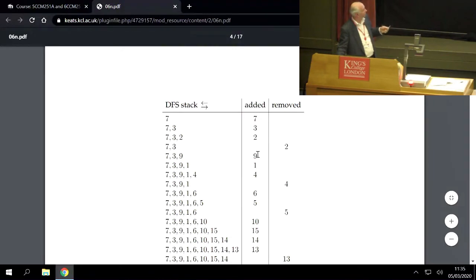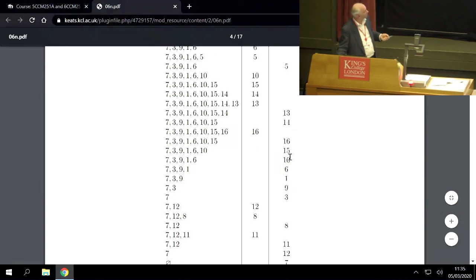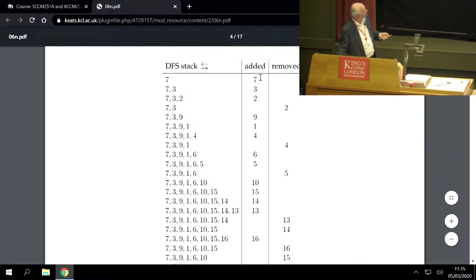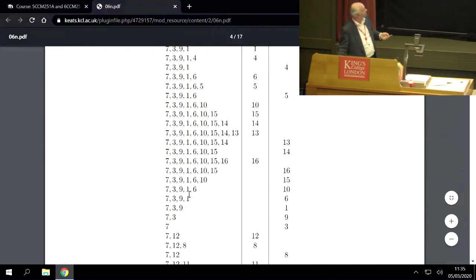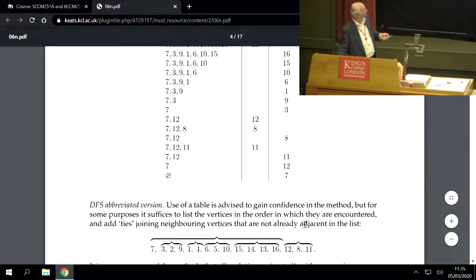Each of the 16 vertices has been added at some point and then taken off at some later point. If it's an easy dead end, it gets taken off immediately. But if it's something like 7, it persists for an awful long time before it gets removed. In fact, it gets removed right at the end.